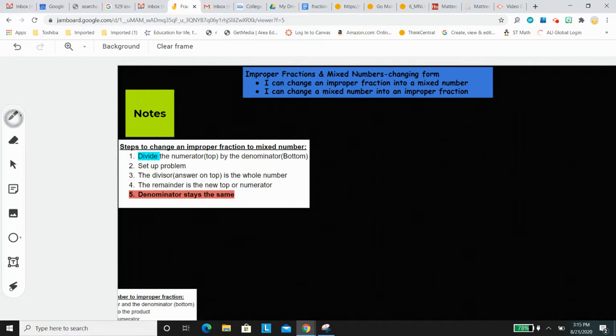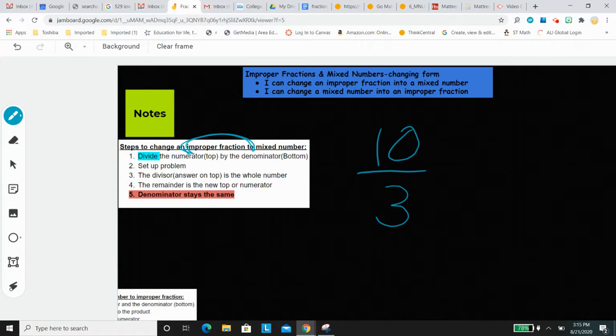So let's start first of all with an improper fraction. An improper fraction looks like this. It'll be like 10 over 3.